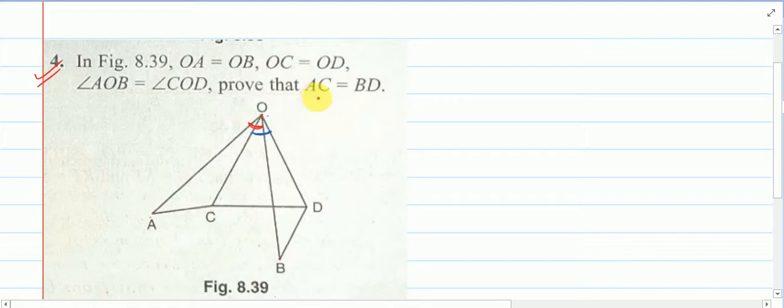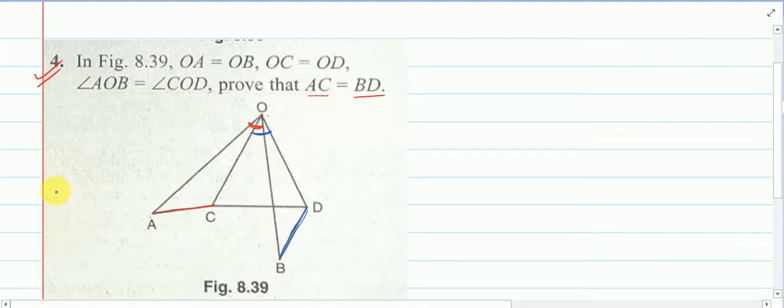What we are supposed to prove? We are supposed to prove AC is equal to BD. Now you can see this AC is part of this triangle AOC, and BD is part of this triangle BOD.